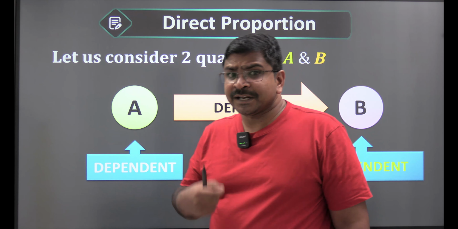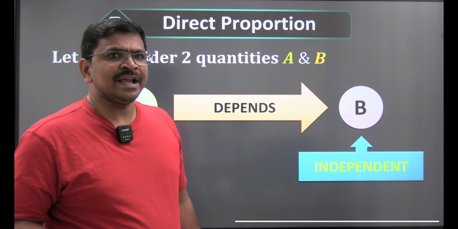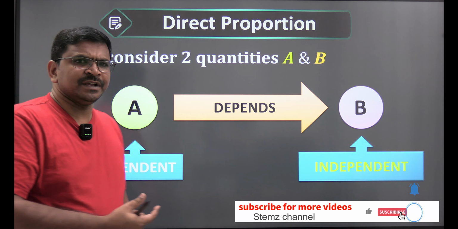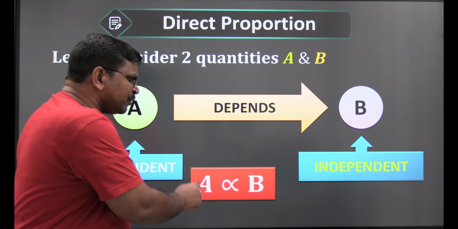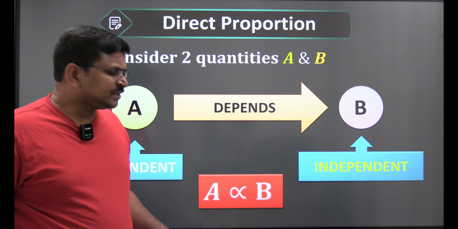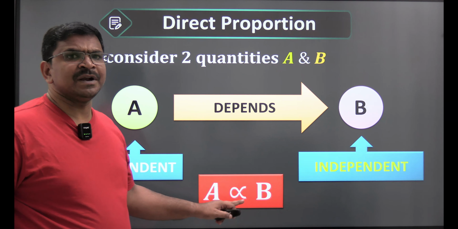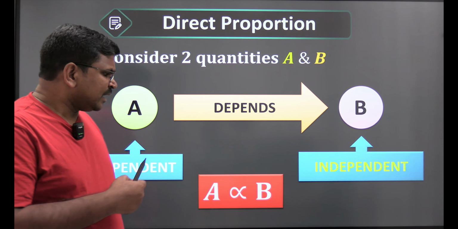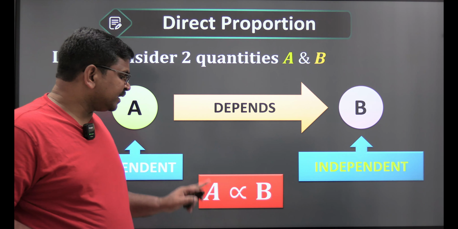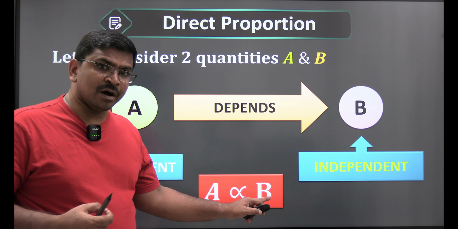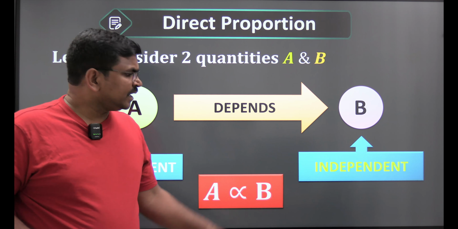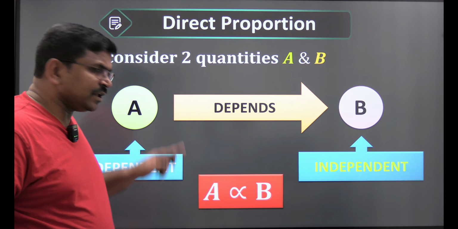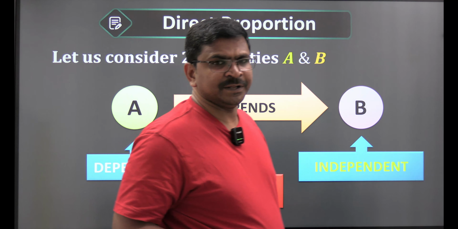As A directly depends on B, that means A is varying directly as B. So I can write this mathematically as A is directly proportional to B. This is the direct proportional symbol, the dependency symbol. I can read this as A depends on B, or A is directly proportional to B. Here B is the independent quantity and A is the dependent quantity.